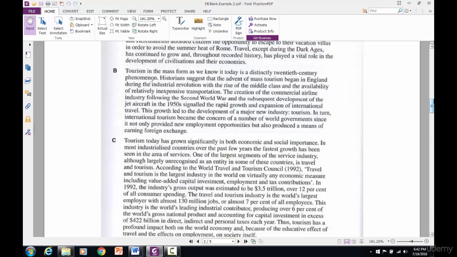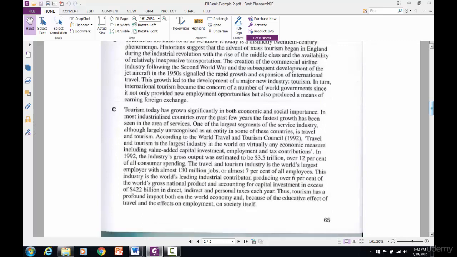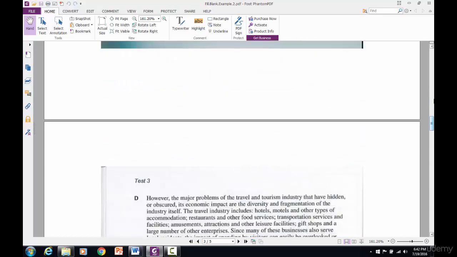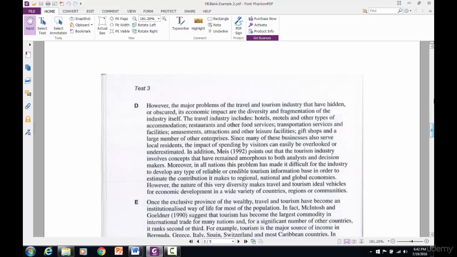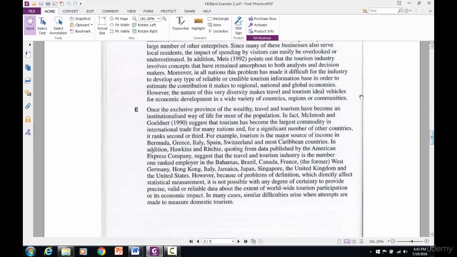I'm just looking for the word Greece. I haven't seen it yet. If you see it before me, let me know. There we go. All right, here's the word Greece right here.